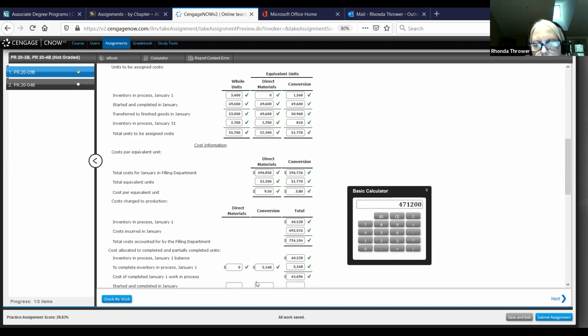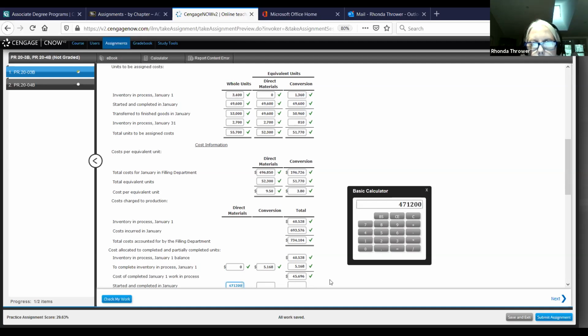That will give you 471,200. That was your cost of materials for your started and completed units.